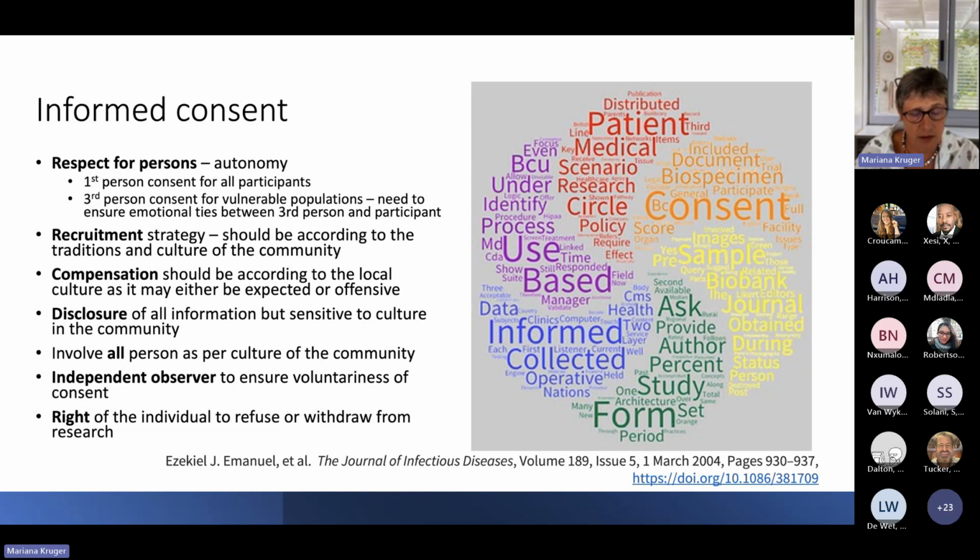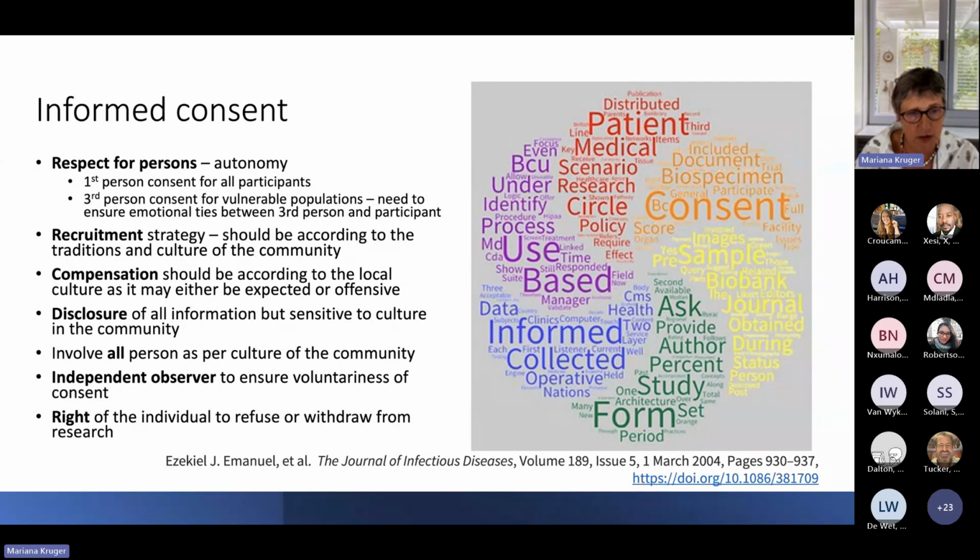Then crucial to the informed consent process is, of course, the disclosure of all information, but sensitive to the culture in the community. Now, it's interesting that it varies how much information should be given, and very often you hear about laypersons who do not understand these difficult concepts. Then we should find language to explain this information in layman's terminology. And it's interesting that the German guidelines say that if a complication of a medicine is even 1 in a million, you have to disclose that in the informed consent.